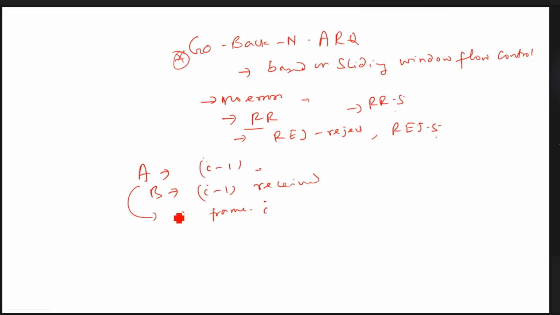It takes into account the following cases. Say case 1. There can be a damaged frame, or a damaged acknowledgement. But how does Go-Back-N ARQ take into account those cases? If you see the damaged frame, this is case 1, the damaged frames.